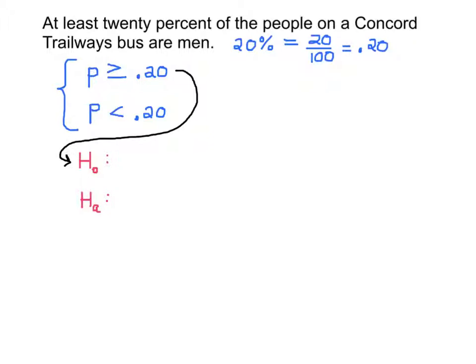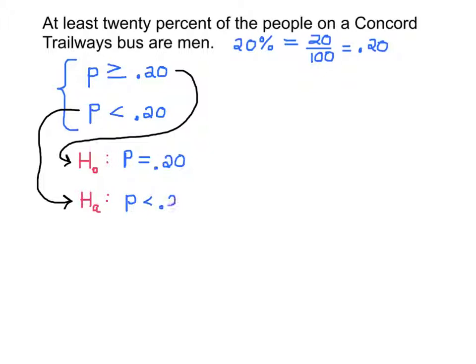And so our null hypothesis will be that the population proportion of men, and we just go with equals, 20%. And then our alternative hypothesis comes from our second possible statement, which is that the population of men is less than 20%.